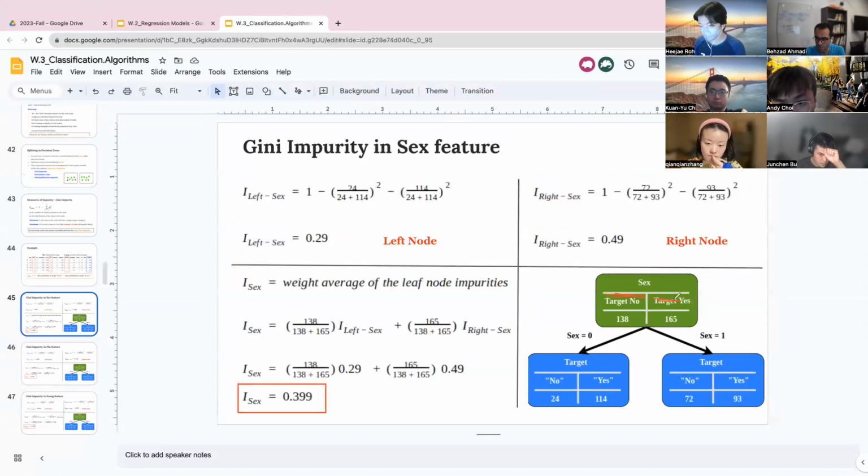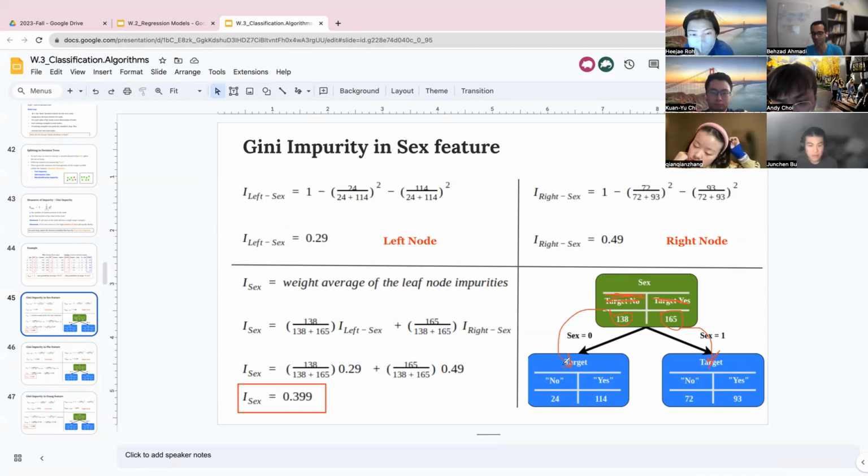If I were to create this, this is not the target. These are the number of sex equals 0, and this is the number of sex equal 1. Within the sex equal 1, we have this many target yeses and nos. And within sex equals 0, we have this many yes and nos, right? Yes, thank you.